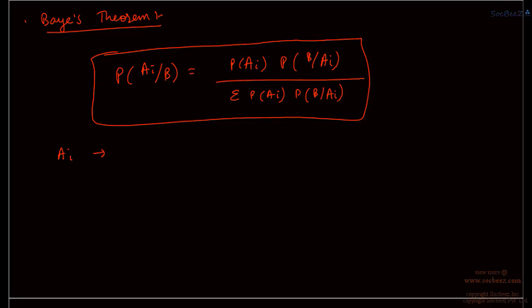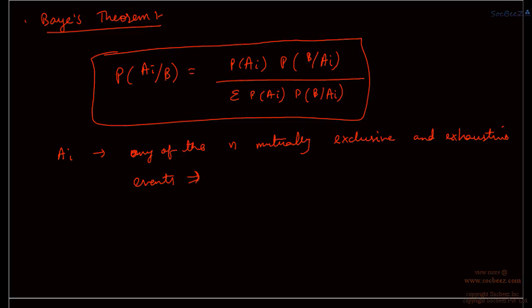Now here Ai is any of the n mutually exclusive and exhaustive events A1, A2 till An, and B is any other event.